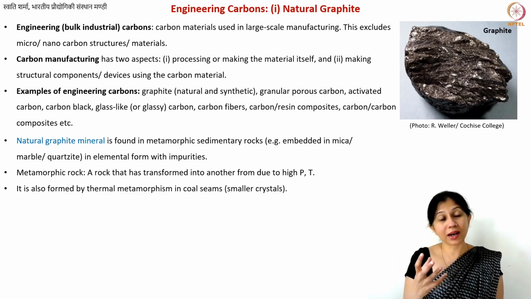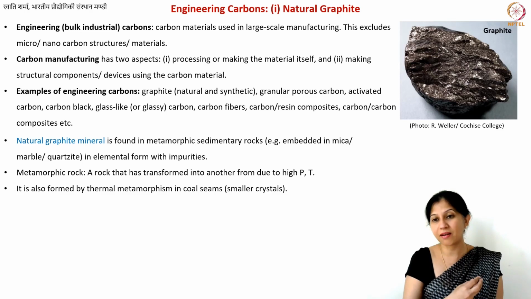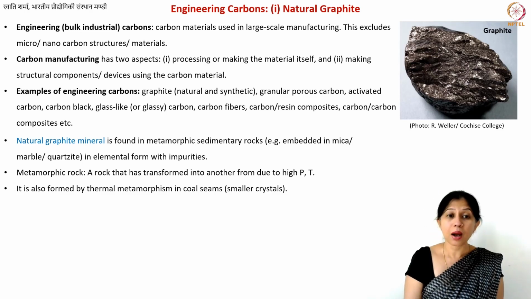Or it's also not clear if it was coal and then it converted into graphite, or from the beginning itself the crystal arrangement of the carbon was slightly different. However, you do find some fraction of graphite in coal seams.